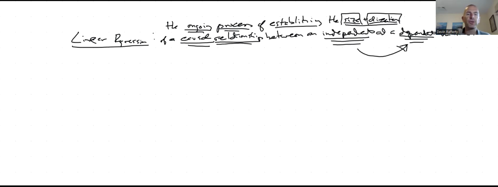Okay. In other words, we're going to start making a model between income. So we'll say that income is equal to education.